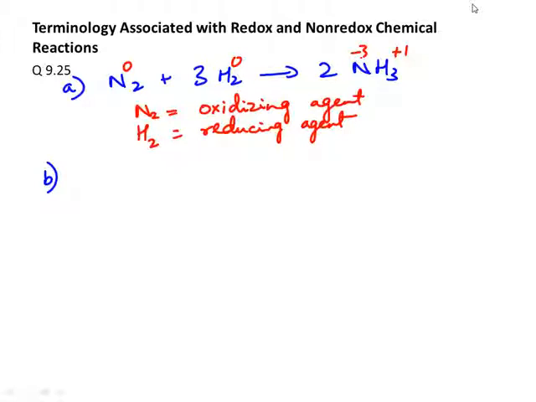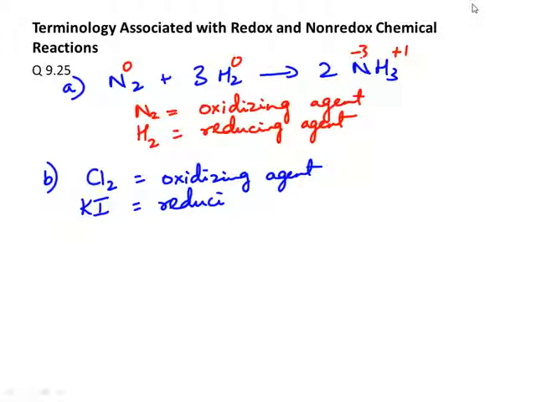So if we look at the same question, equation number B, we should come to the conclusion that chlorine is the oxidizing agent, and iodide, potassium is a counter ion with iodide, but it's actually iodide which is doing the reducing. So iodide is therefore the reducing agent.